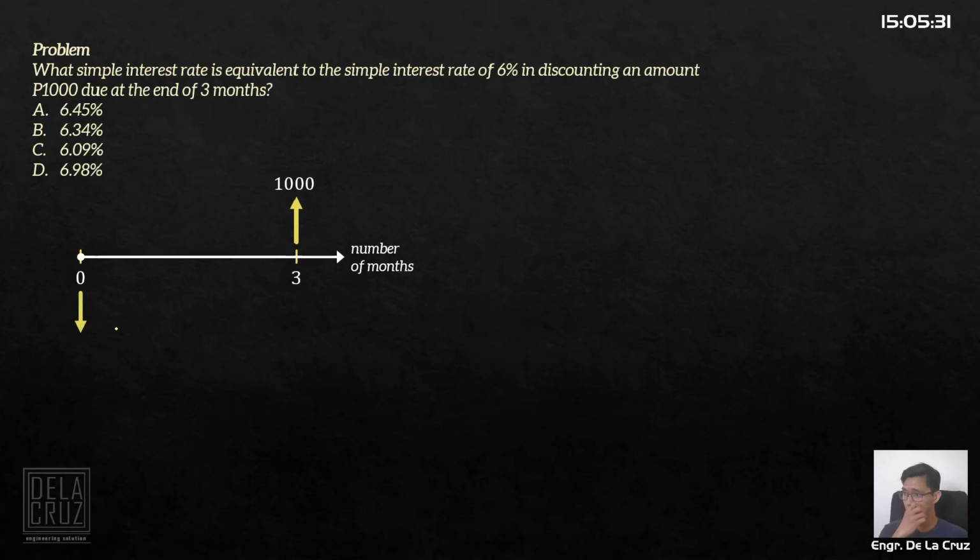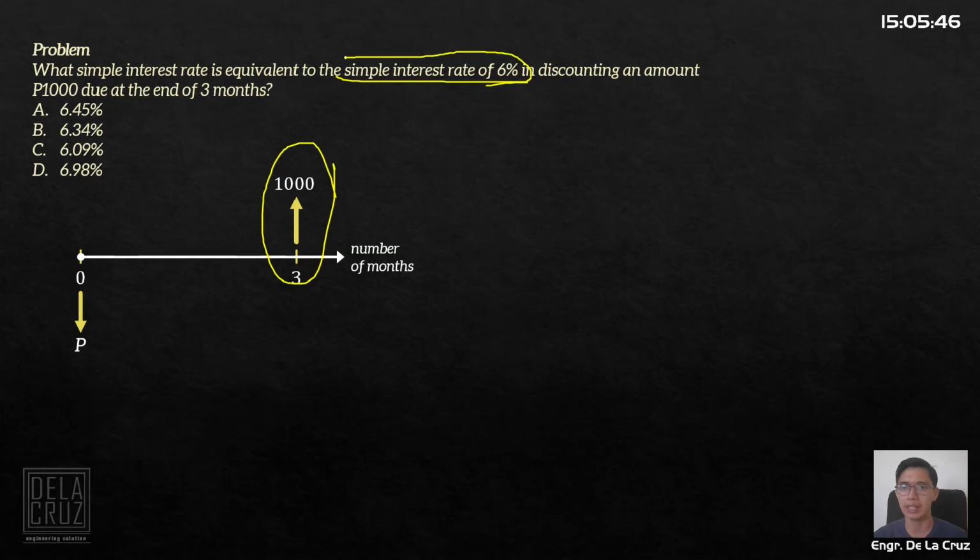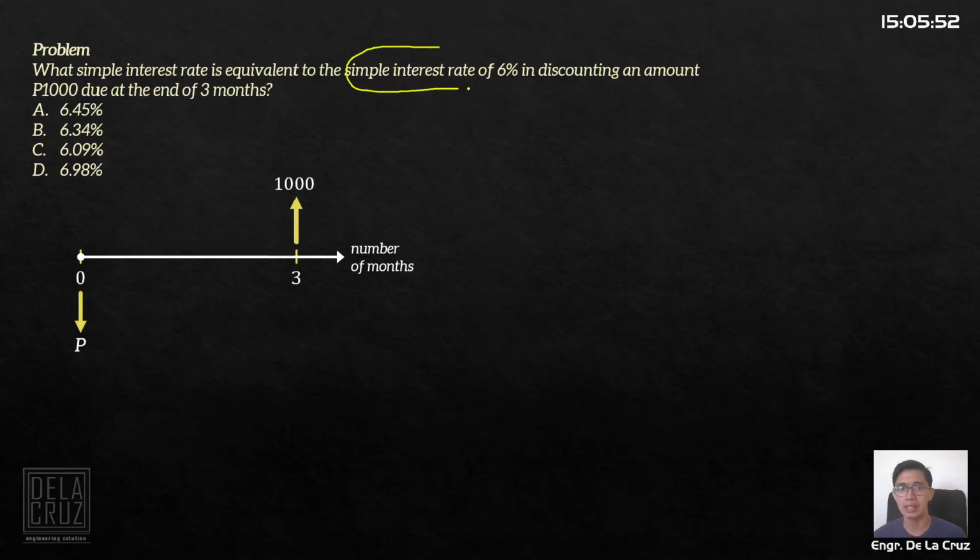So discounting an amount 1,000 pesos at the end of 3 months. So you will have here the present value. Lagay ko lang siya sa baba. Okay. Yung 1,000 pesos daw natin is diniscountan ng 6%. Simple interest differentiate the previous problem. Sinabi niya, yung discount is 6% simple interest. So, hindi yan yung kabuuang discount. No? This is 6% in a year, simple interest.